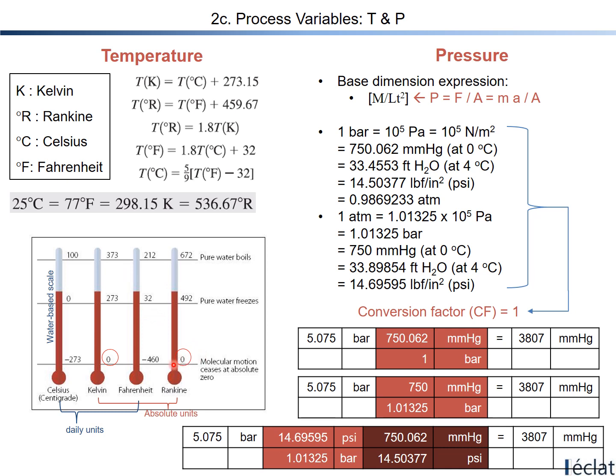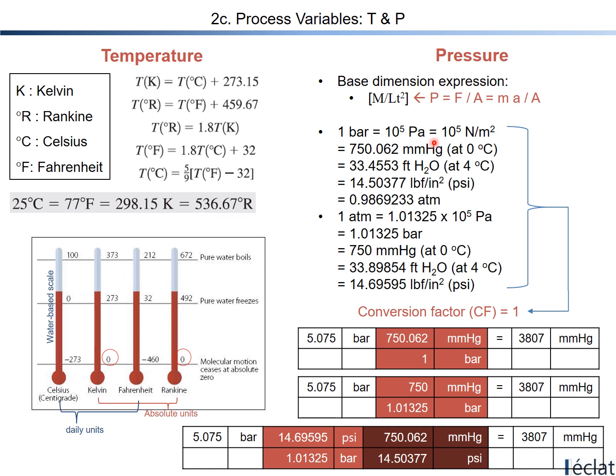Rankine starts from 0, of course, because it is an absolute temperature. However, the starting point of Fahrenheit is minus 460. So the relationship between Fahrenheit and Rankine is very similar to the relationship between Celsius and Kelvin. Those four are the temperature units.